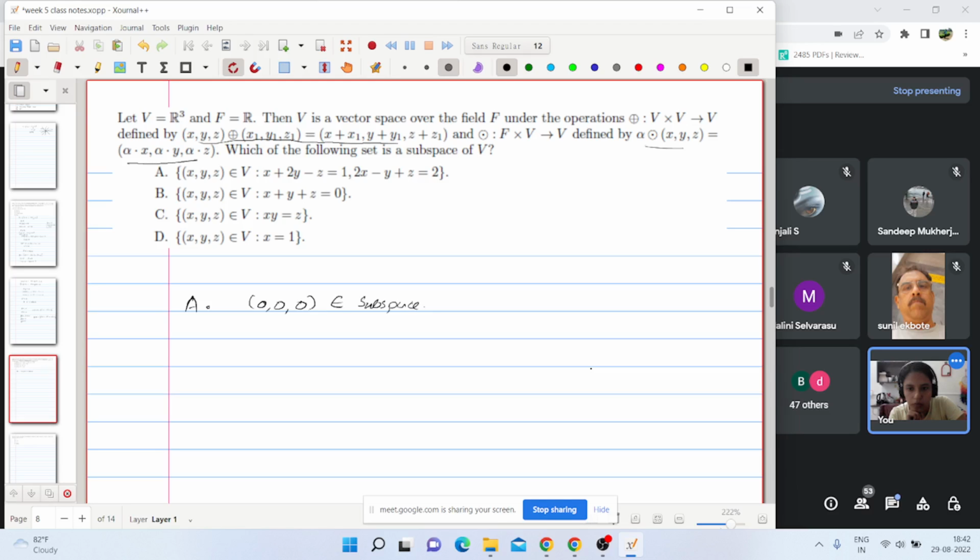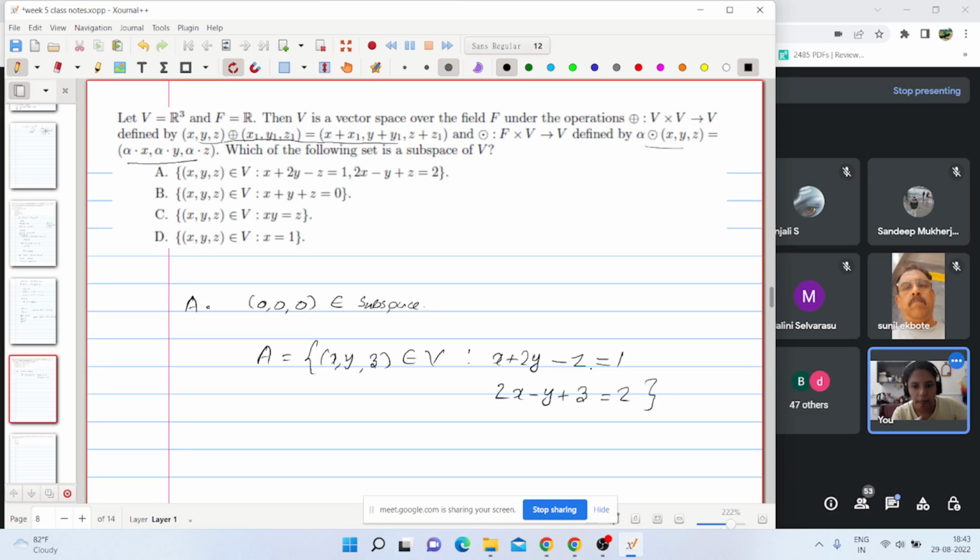Our A is the set of all elements x, y, z in V, where V is our R3, with two conditions satisfied. That means x plus 2y minus z equal to 1 and 2x minus y plus z equal to 2. That is, we need to find the set of all x, y, z in R3 with these two conditions satisfied.